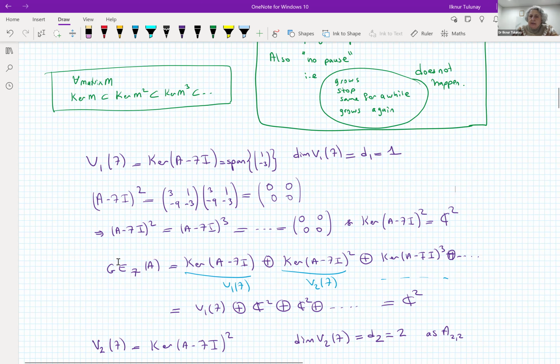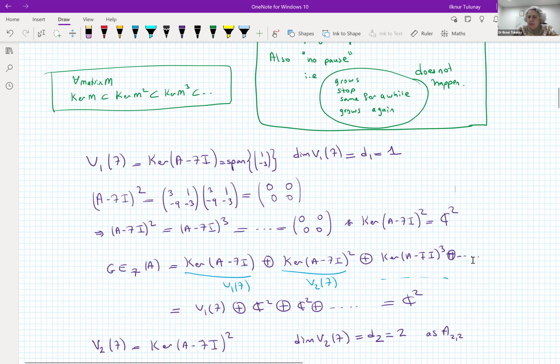So the generalized eigenspace of 7 will be the kernel of the first power, the kernel of the second power, the kernel of the third power. But after the second power, everything really is itself. This one is equal to that one, and this one is inside that one, and this one is equal to that one.